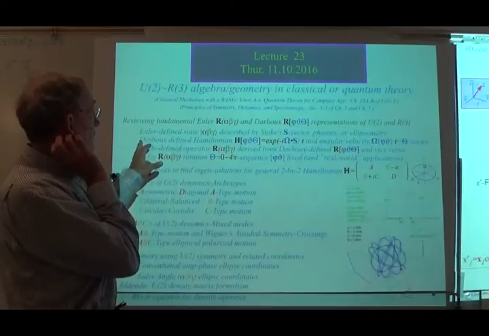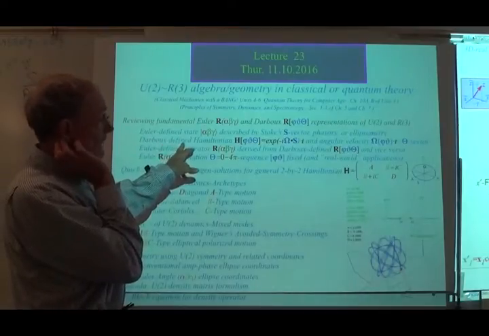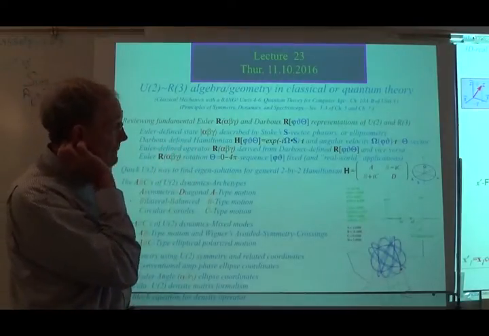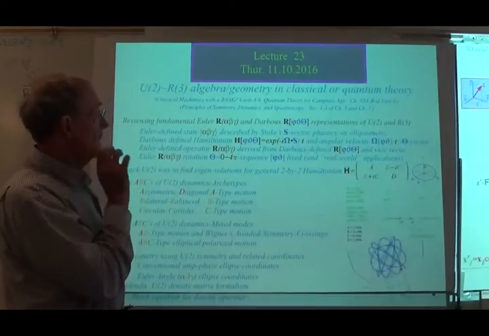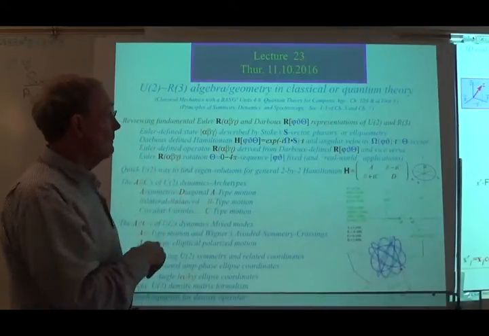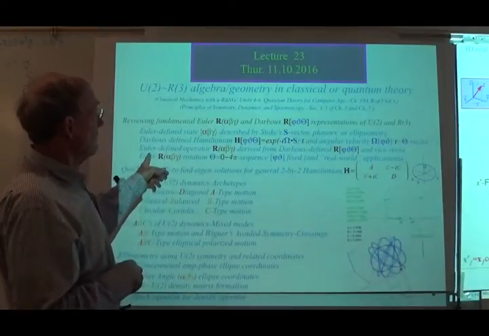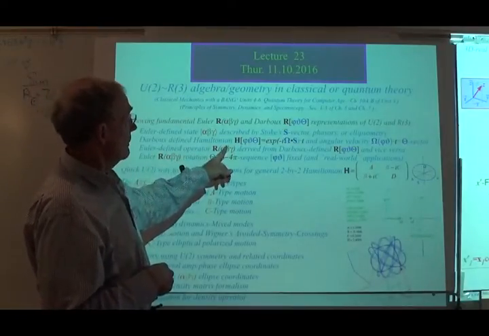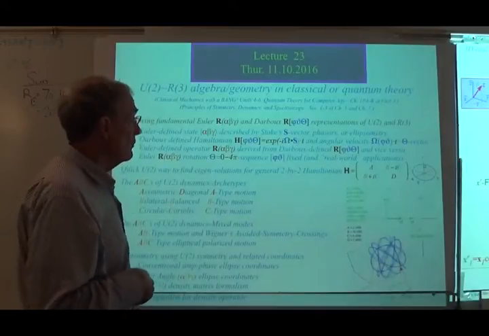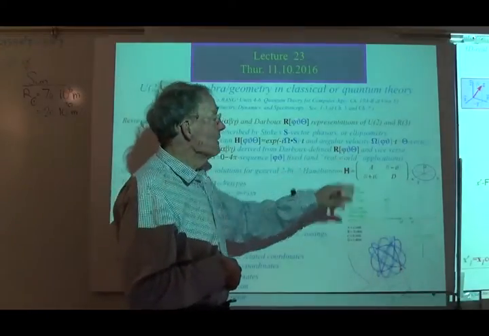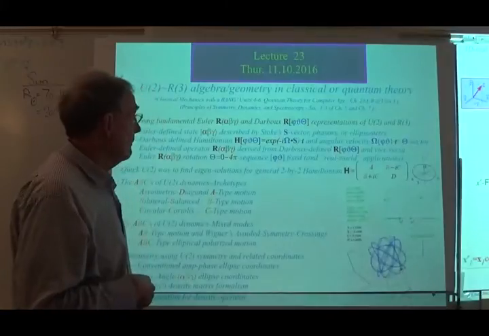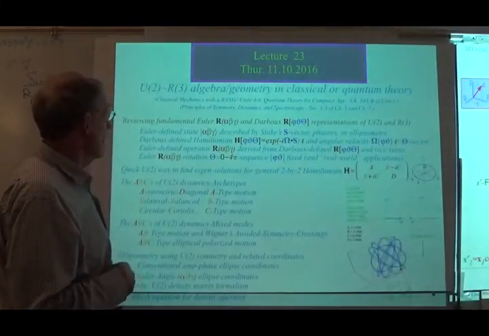And Darboux angles are much better at describing an operator that moves the oscillator or the rotating body. So we do need to make a connection between the Euler angles and these in a way that we'll describe fairly shortly here.